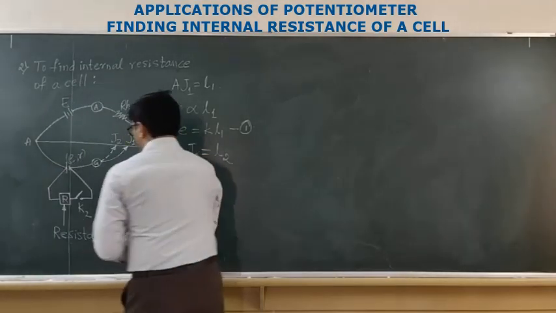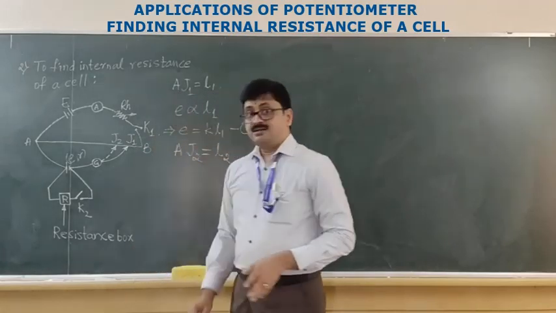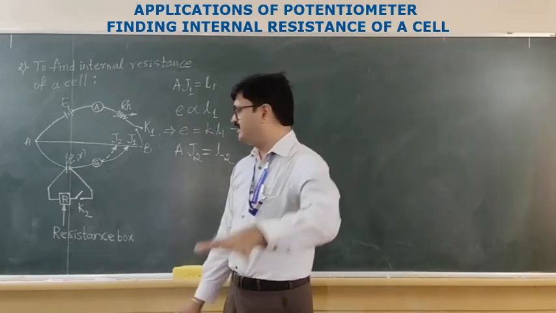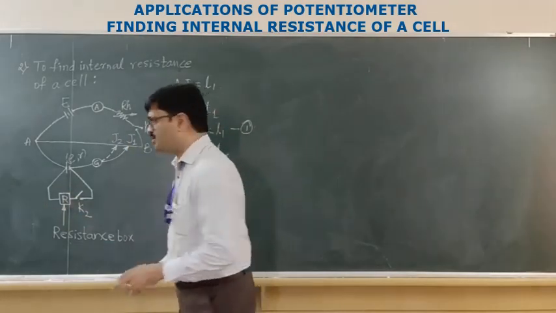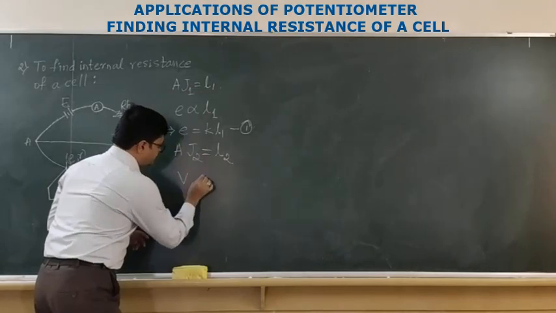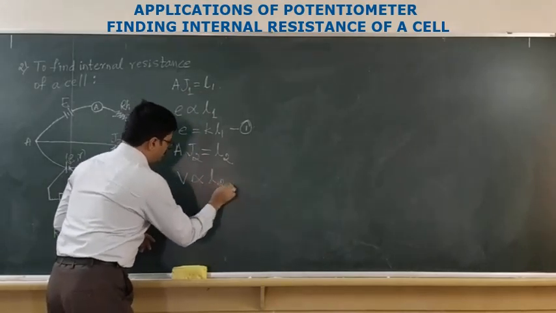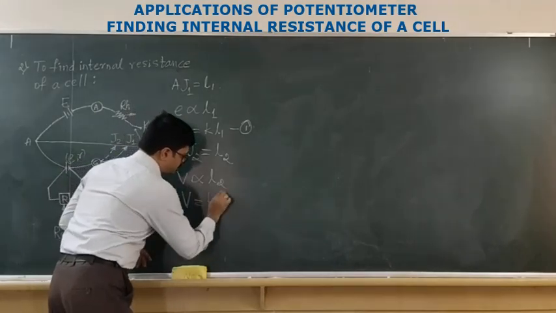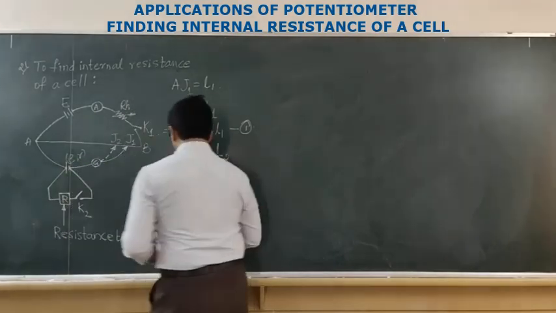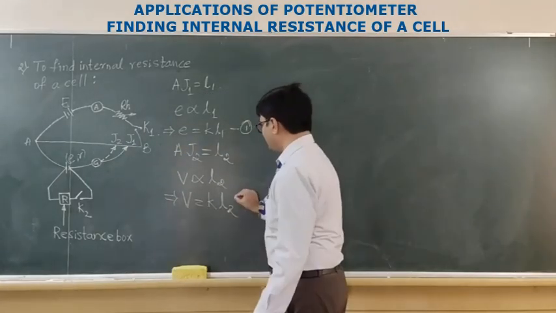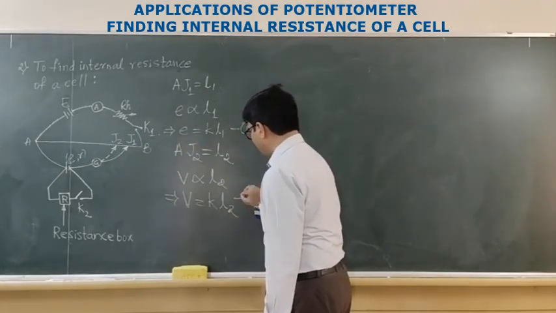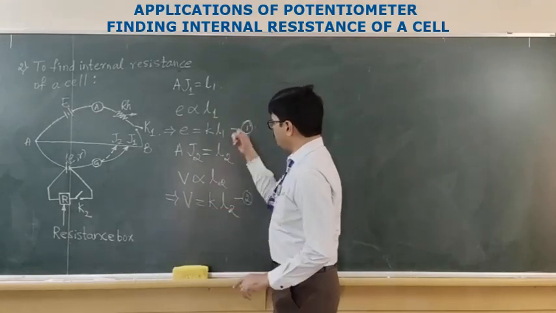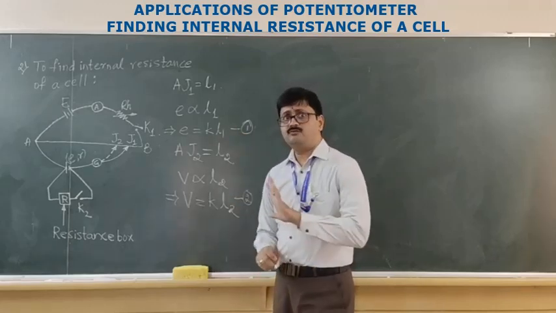As I was mentioning, the potential difference across the cell is nothing but the potential difference across the resistance here. So very clearly we can say V is directly proportional to L2, or V is equal to K into L2. And again, K is the potential gradient of the potentiometer. So we have equations 1 and 2 now.